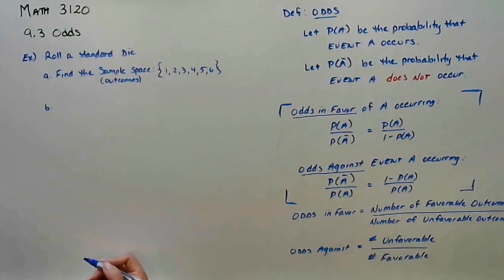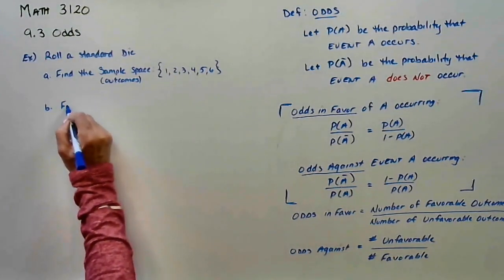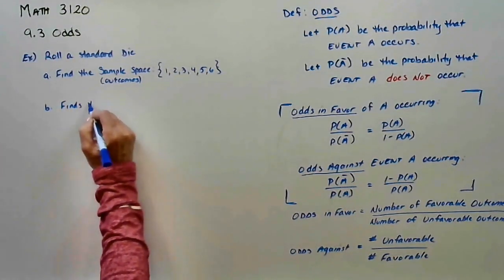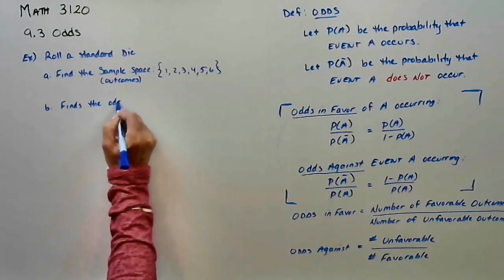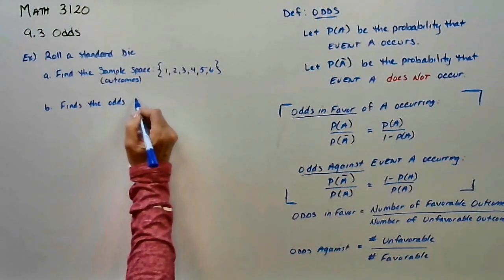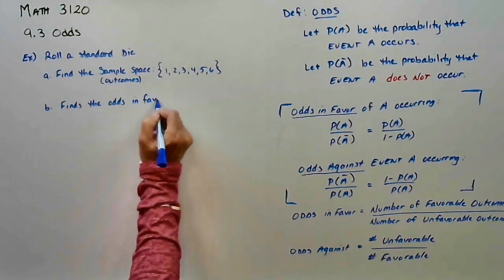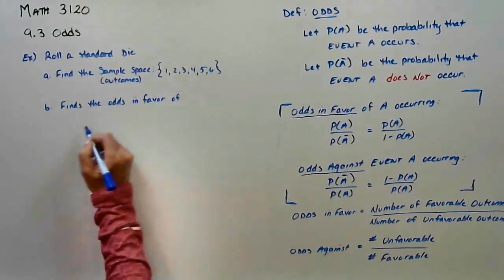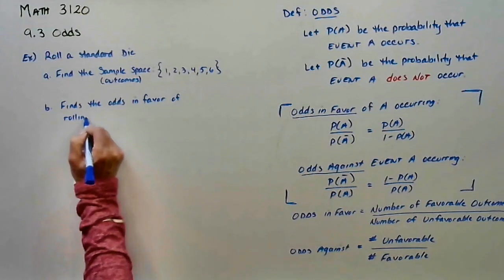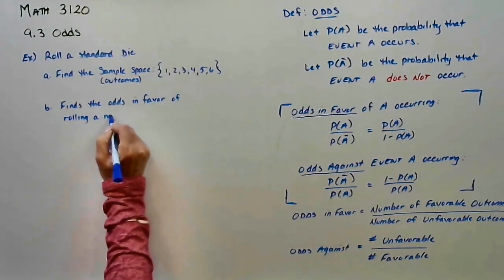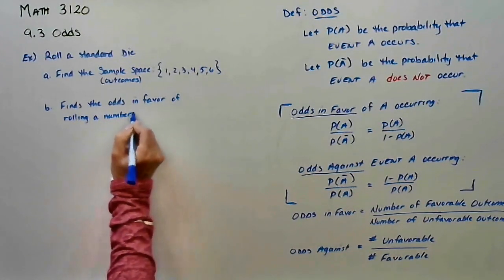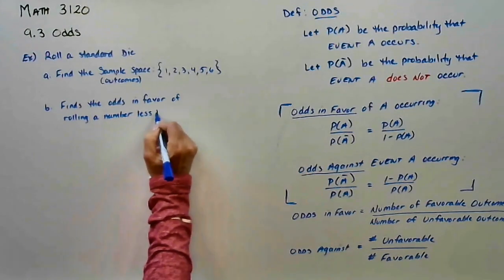Let's say we want to roll a number less than 5. So let's find the odds in favor of rolling a number less than 5.